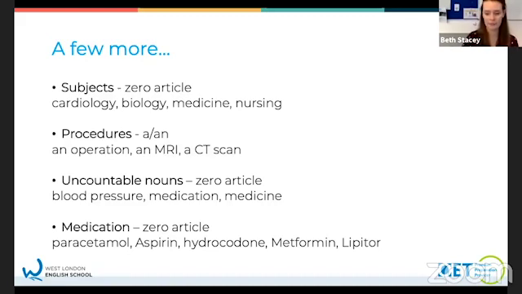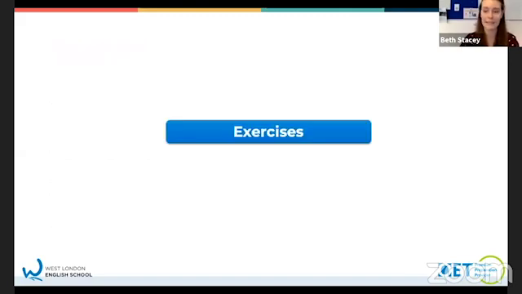So we need to do a little exercise with this. I'm going to bring up some sentences, and I want you to choose whether you think it's a, an, or the.